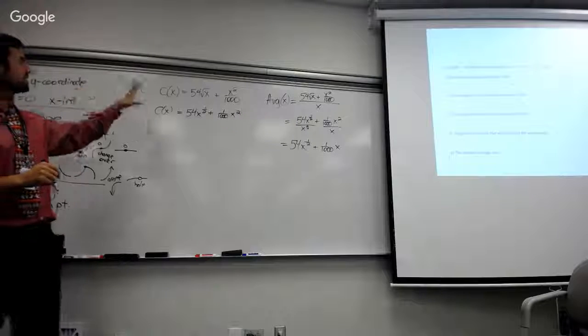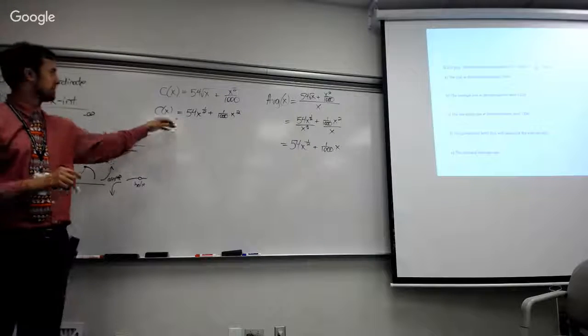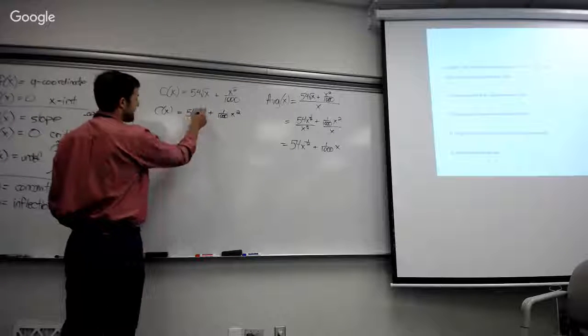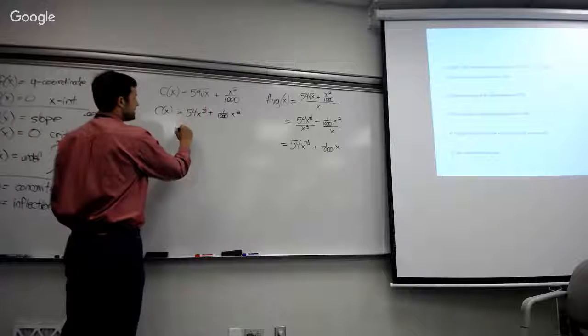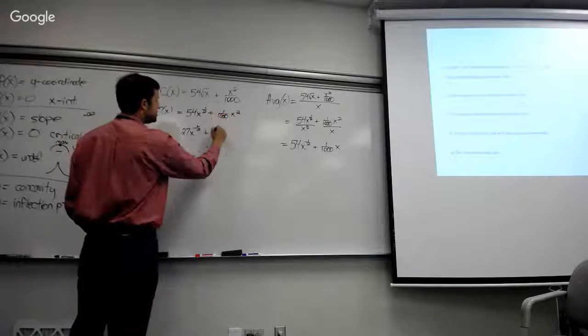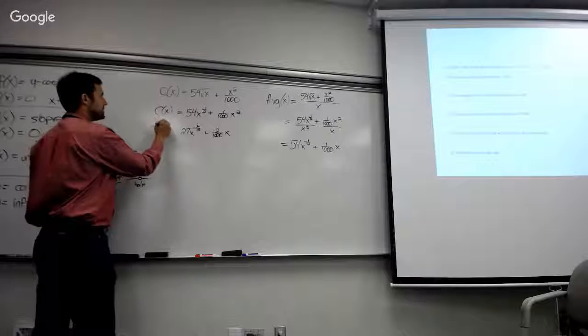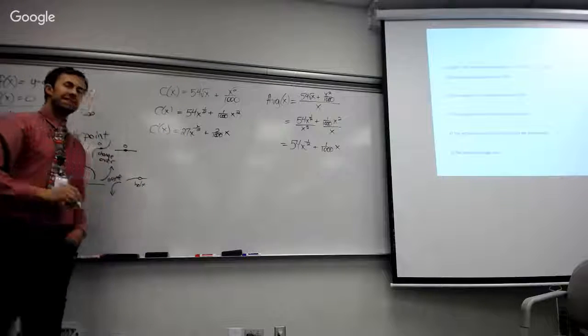Now, in the cost case, we're finding the marginal cost. All you have to do is take the derivative. So that derivative is pretty easy. Half of 54 is 27x to the negative a half plus 2/1000 x. So that's the derivative of cost. Do we have to set that equal to 0?